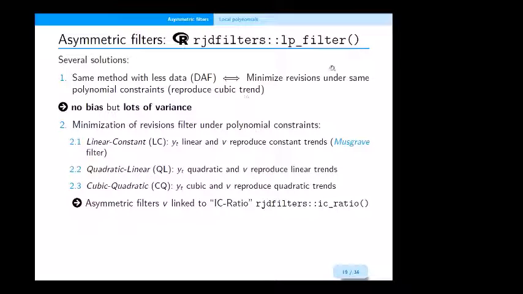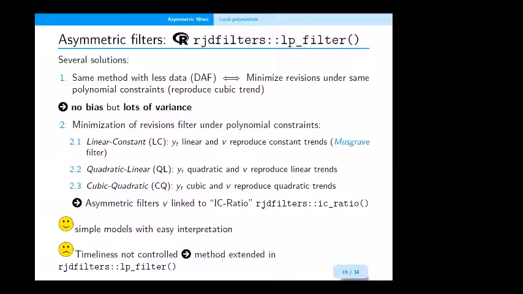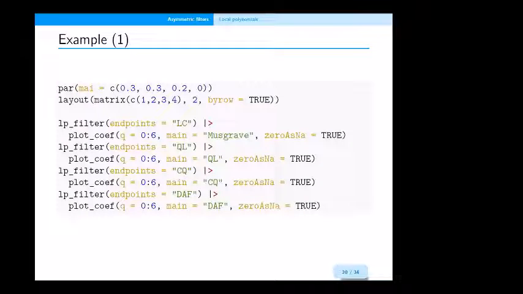Those are linked to the INSEE ratio that can also be computed in the package. I won't go into detail, but you can also extend those methods to add a criterion that will control the time delay in detecting turning points. This extension is also implemented in the package.